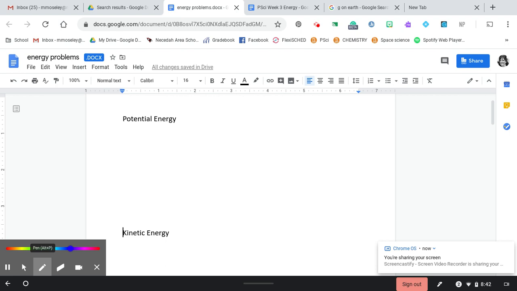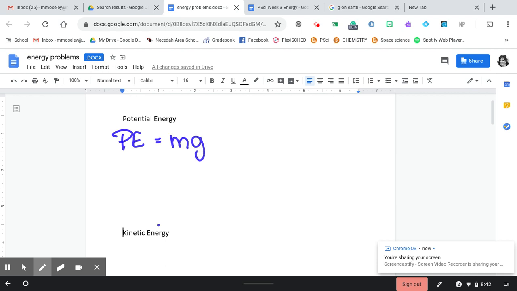But just to review, potential energy is equal to the mass of an object times the g times the height of the object. And this is for gravitational potential energy. So this h represents the height, and then this g is a constant depending on the pull of gravity towards Earth.